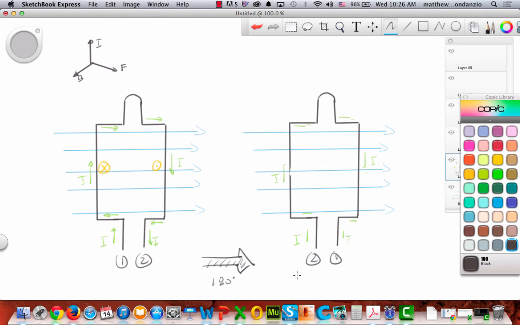The reason I did that is if I have a wire like this, here's my wire. TV magic. That's the wire, right?